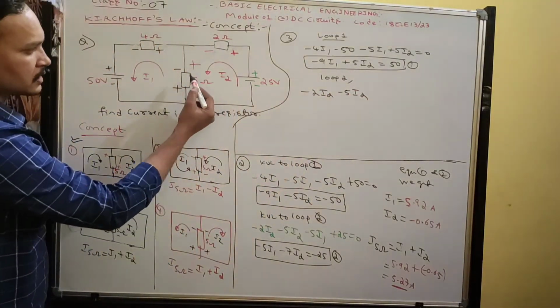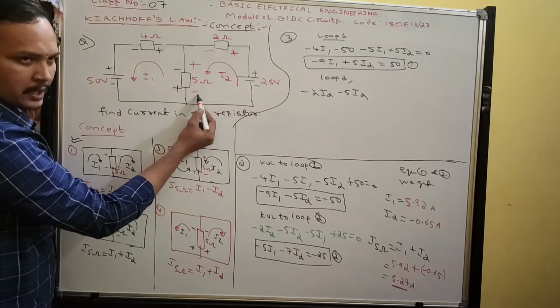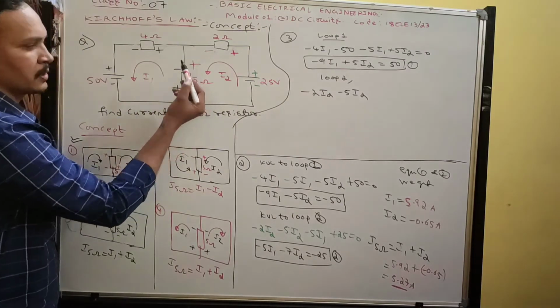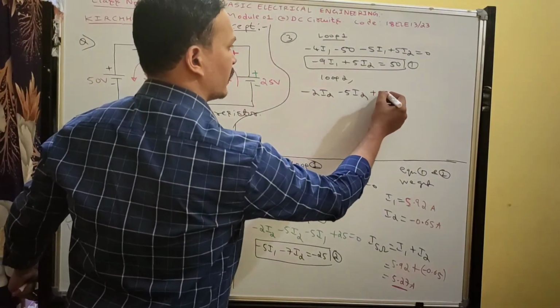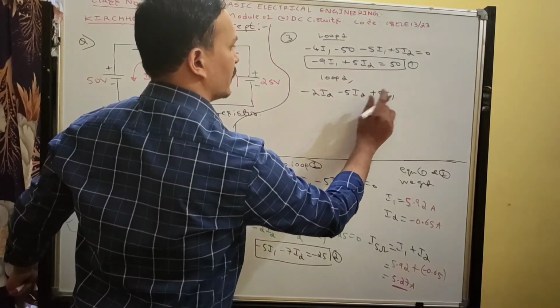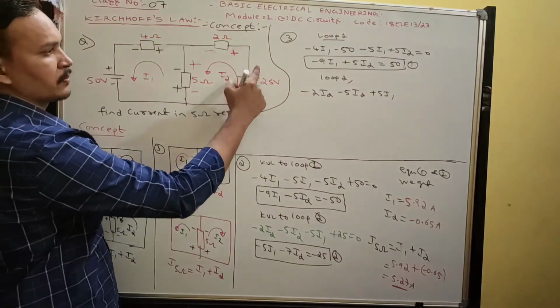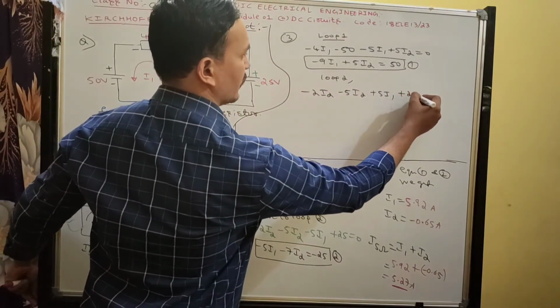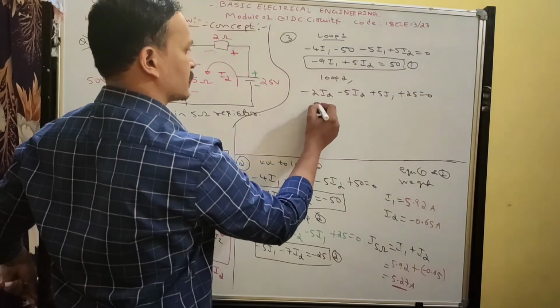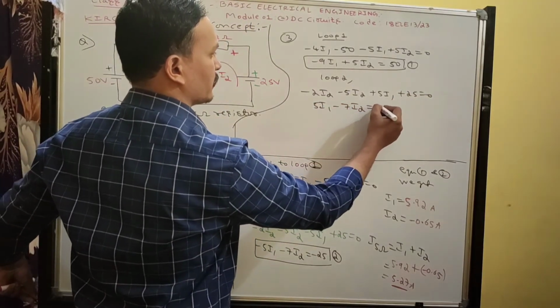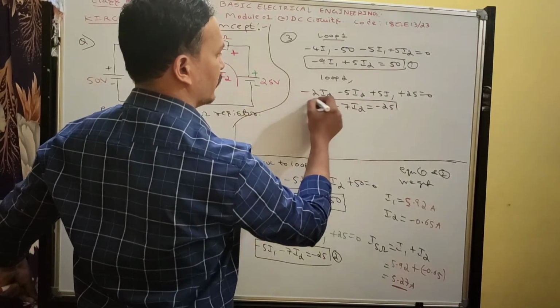Now for loop 2 polarity, check for I1. See, I1 is flowing from minus to plus, rise, so plus 5 I1. Then EMF source, current minus to plus, rise, plus 25 equals 0. Now simplify this: 5 I1 minus 7 I2 equals minus 25.